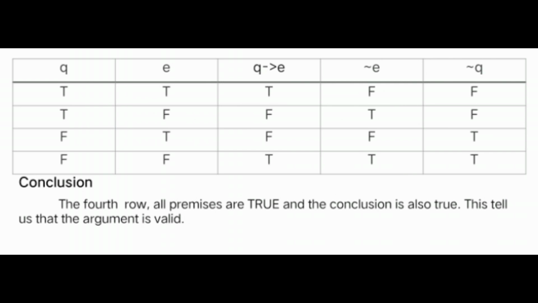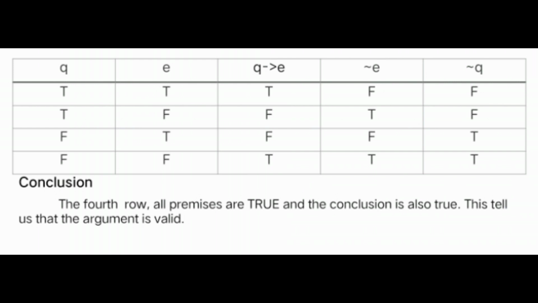So this is my truth table. For the first premise, true implies true is true, true false is false, and false true is true, and false false is true. For the negation of E, true therefore false, and false therefore it's true, and true therefore it's false, and false therefore is true.